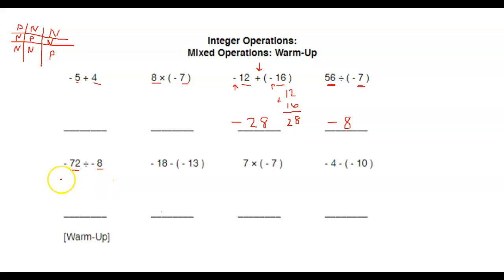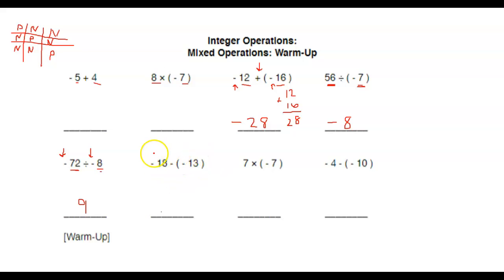Let's go down to negative 72 divided by negative 8. I'm going to divide the numbers as normal. 72 divided by 8 is 9. And now I have to think about the signs. I got 2 negatives. If I'm dividing 2 negatives, I know my answer is a positive. So this is positive 9.